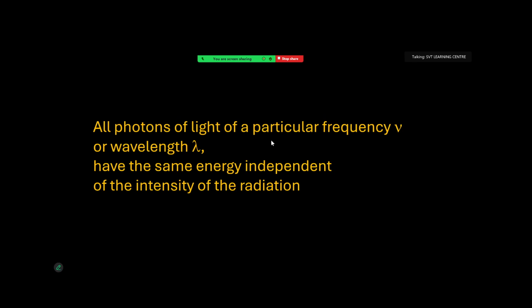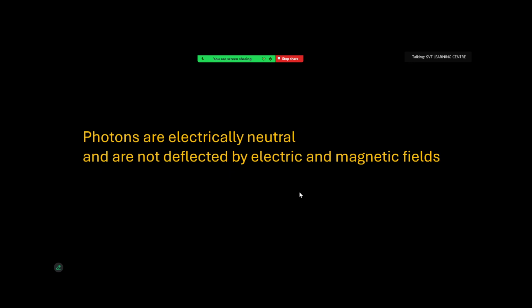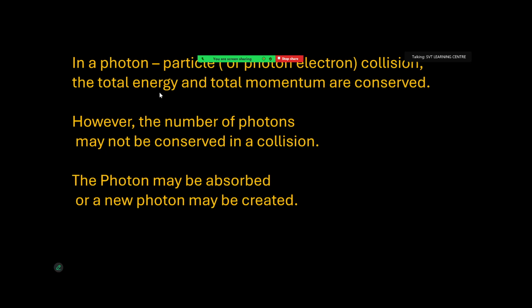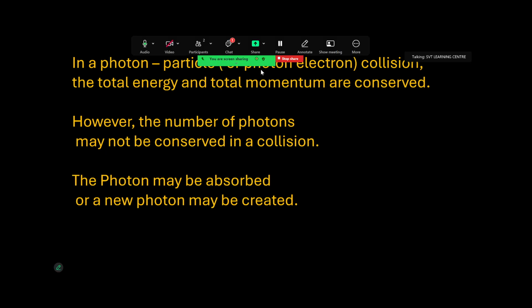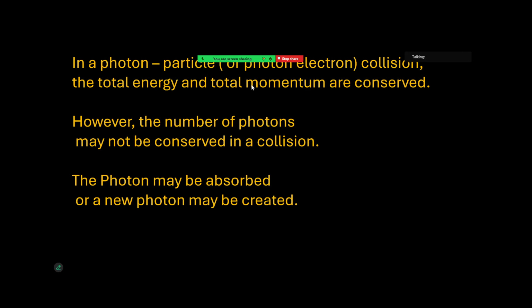All photons of light of a particular frequency or wavelength will have the same energy, independent of the intensity of radiation. Photons are electrically neutral and are not deflected by electric or magnetic fields. In a photon-electron collision, the total energy and total momentum are conserved.